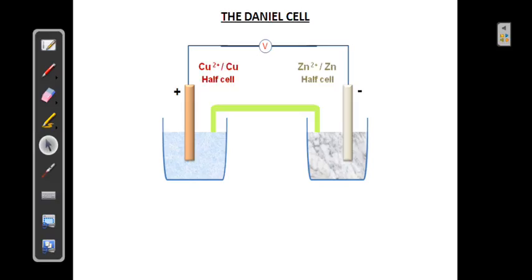So for this instance, we're going to use a copper terminal and a zinc terminal. If you look at this diagram, copper is the positive charged electrode, whereas zinc will be the negative charged electrode.